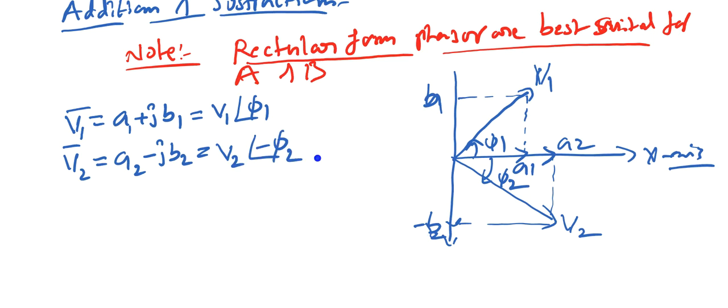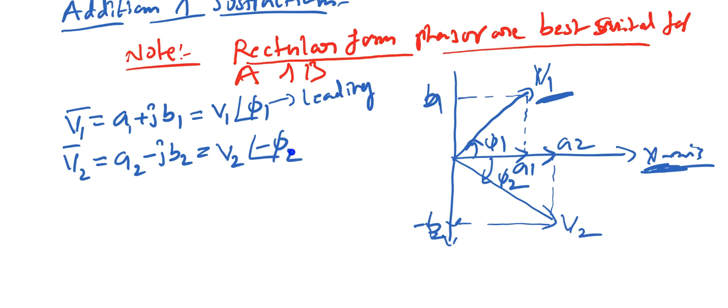What you understand from this concept is that my V1 is leading with respect to the x-axis, which is why we get plus phi 1. By seeing plus phi 1, I can say my voltage V1 is leading the x-axis by angle phi 1.